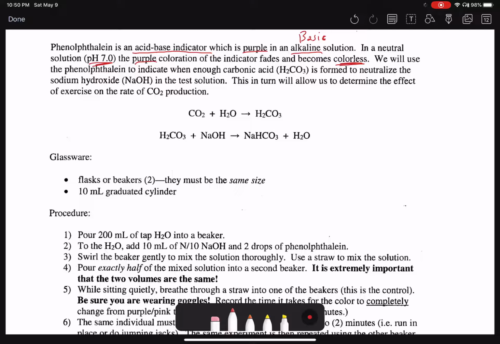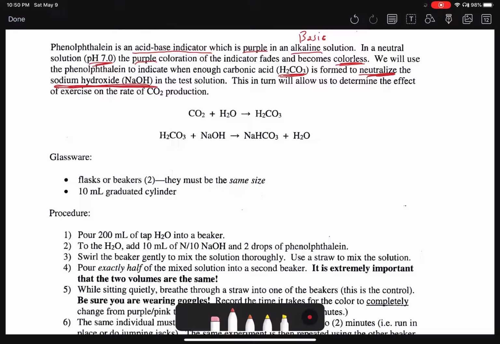So what we're going to do is we're going to use the phenolphthalein indicator dye to figure out when enough carbonic acid, this is carbonic acid right here, let me underline it, carbonic acid, H2CO3, is formed in order to neutralize the sodium hydroxide in a sodium hydroxide solution.